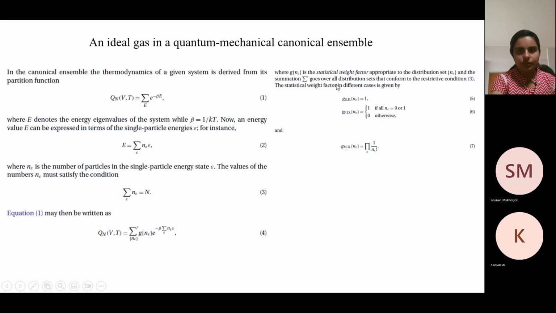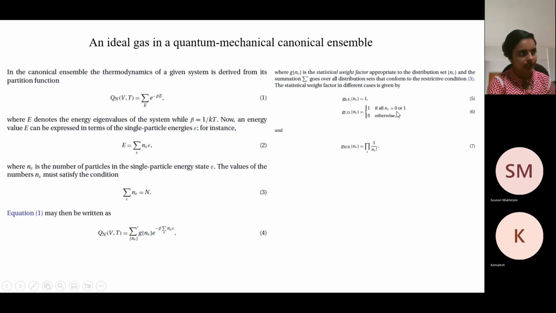Okay, and then you can now see that for bosons, what happens? For bosons, the weight factor is always 1, right? Because these are indistinguishable particles. So the weight factor for indistinguishable particles would be 1. For Fermi-Dirac, also it's 1 when N_i is 0 or 1. Now, N_i is the number of particles in one particular single particle state, and that can never be more than 1.